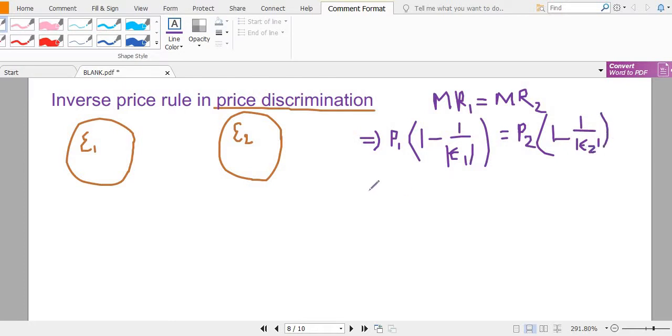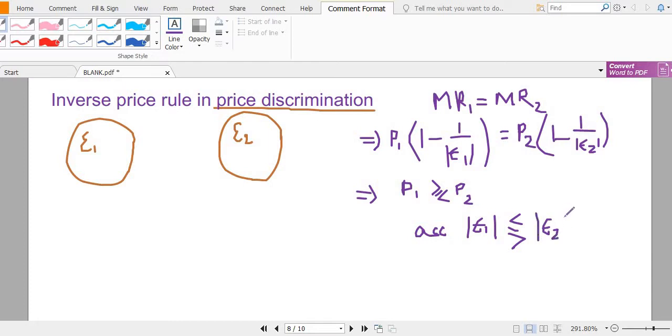We have these two functions, and then we find out that P1 is greater than, equal to, or less than P2 according as modulus of epsilon 1 is less than, equal to, or greater than modulus of epsilon 2.